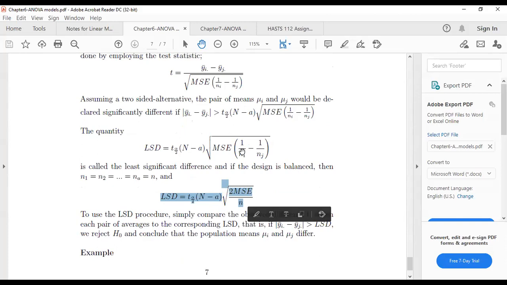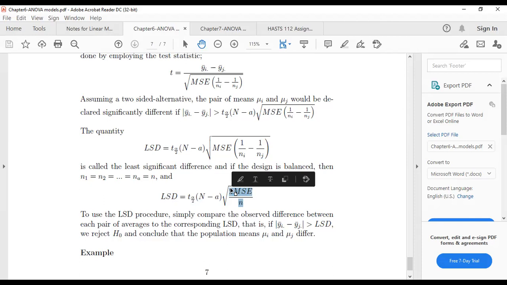If you are going to use this as a derivation point, you would get up to this. So when we are dealing with a balanced design model, we use this one, right?